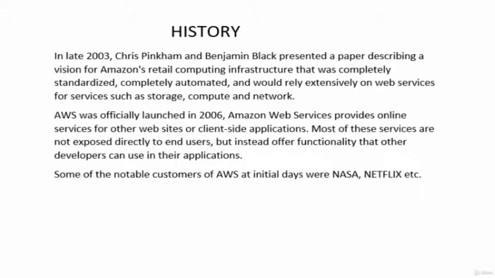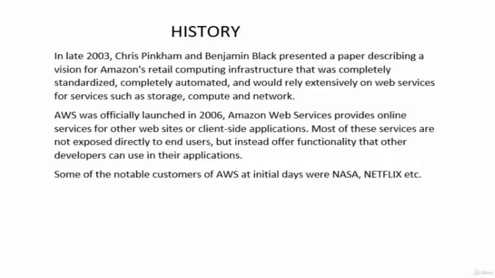This infrastructure was going to be completely standardized, automated, and would rely extensively on web services for storage, internal network, and compute capabilities. Near the end, they mentioned the possibility of selling virtual servers as a service, proposing the company could generate revenue from the new infrastructure investment.